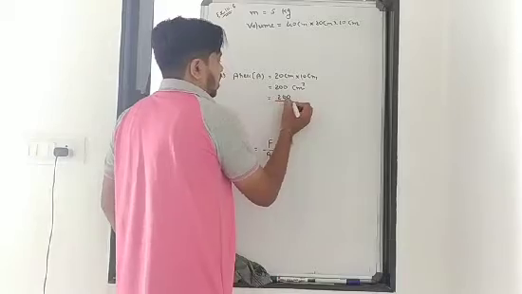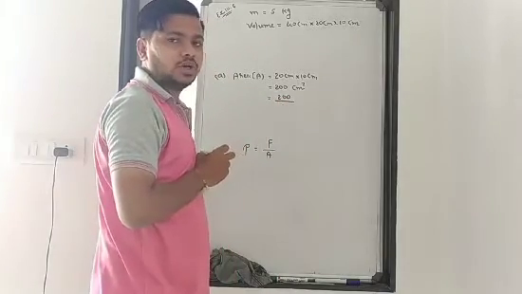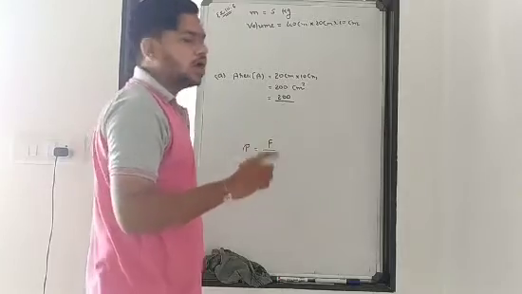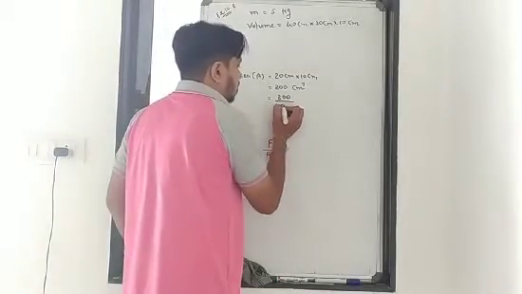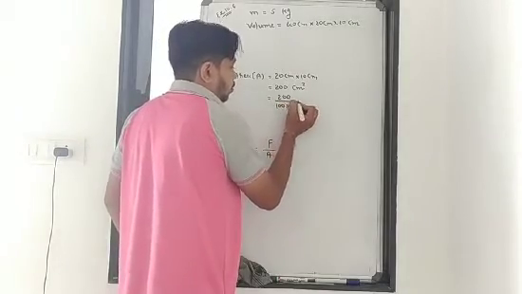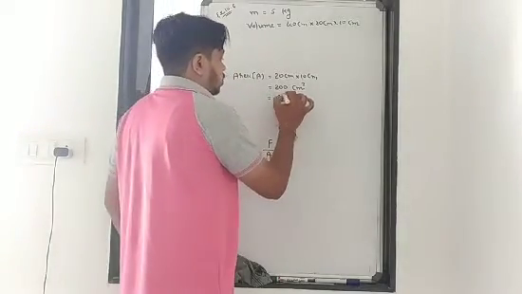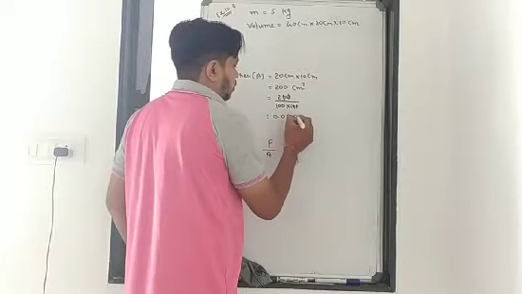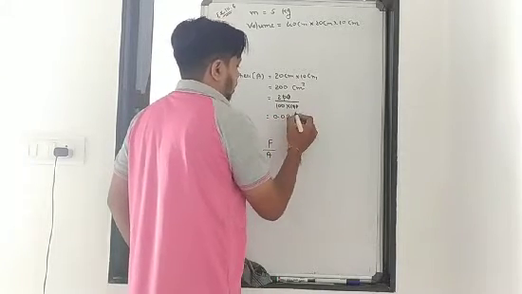So 200. As you know, 1 meter is equal to 100 centimeter. So if you want to convert from centimeter to meter, you have to divide by 100. But there is a centimeter square, so you have to divide twice. So these zeros are cancelled out and you get 0.02 meter square.